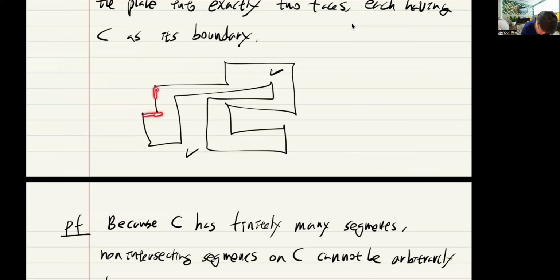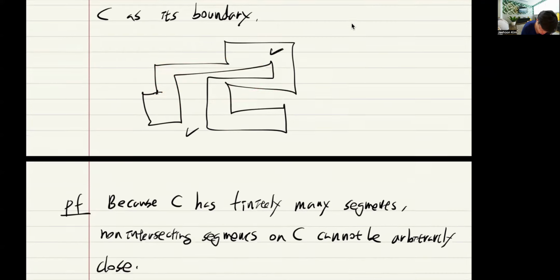So for example, this and this are intersecting segments, so we don't care about this distance, but between this and this, the distance is more than epsilon. And between this and this, the distance is more than epsilon. This and this, the distance is more than epsilon, and this and this, the distance is more than epsilon, and so on.